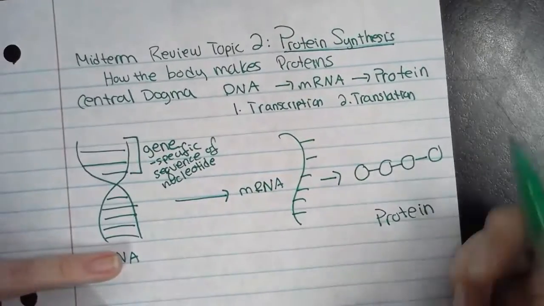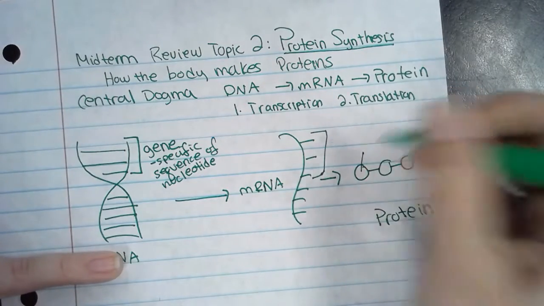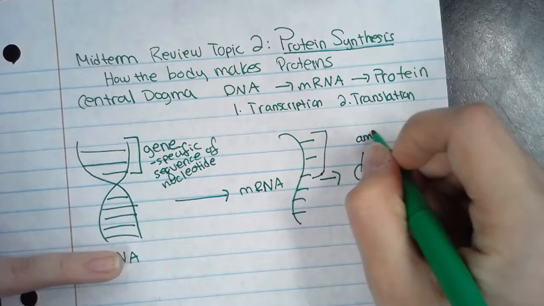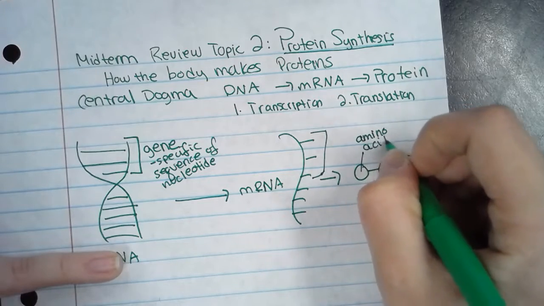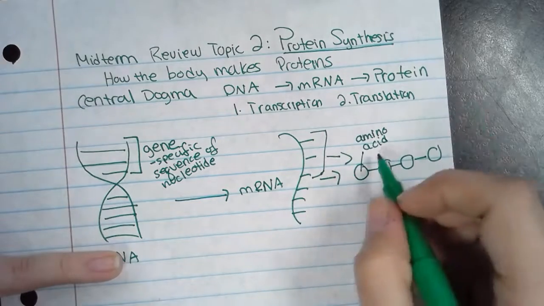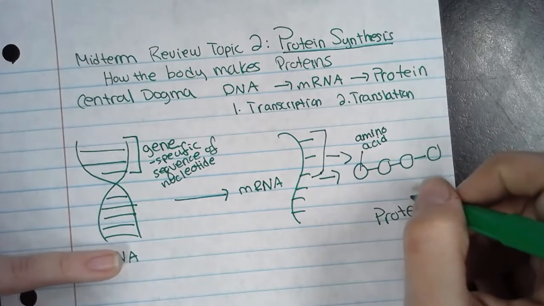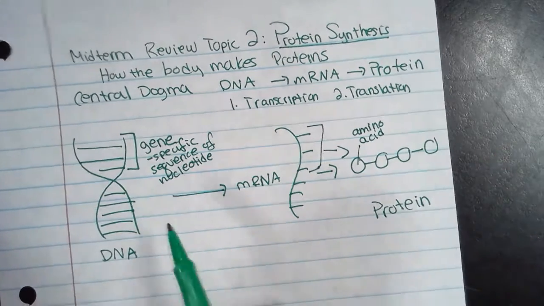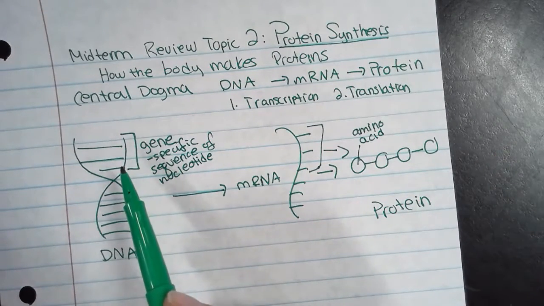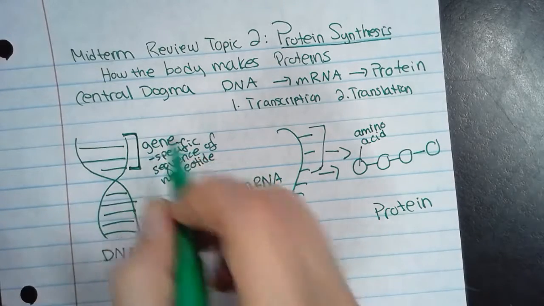Remember, each of these little circles represents one amino acid. One codon codes for one amino acid. If I have a bunch of amino acids strung together, that's what creates a protein. So I start with DNA. I just take a chunk or a little section of DNA, which is called a gene.